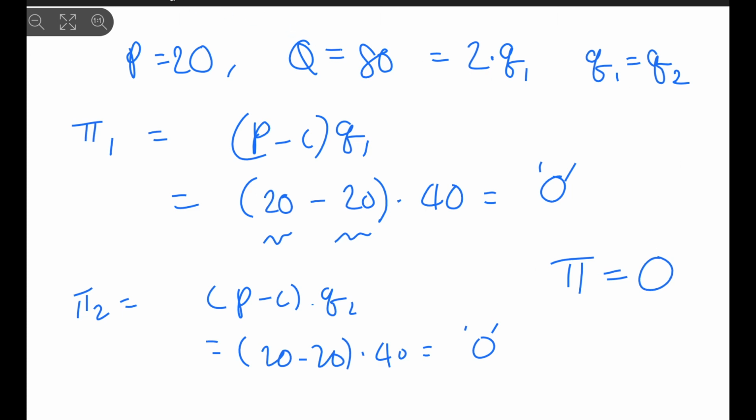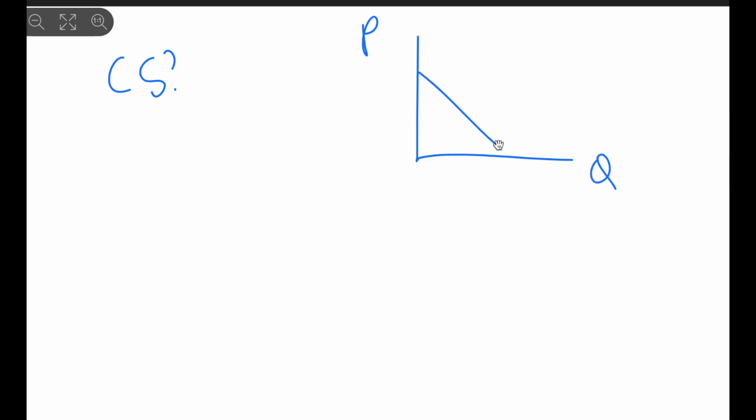What about consumer surplus? Consumer surplus. So again, we're going to draw P and Q, 100, and what we got is 20, and 40, right? And this is the part where we have the consumer surplus.